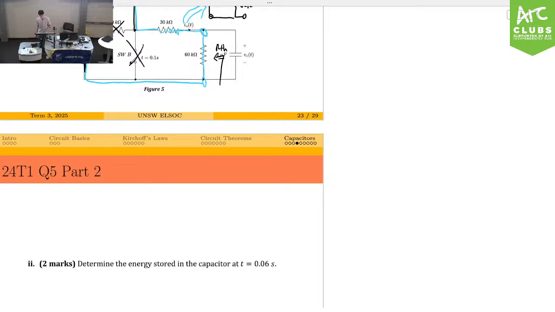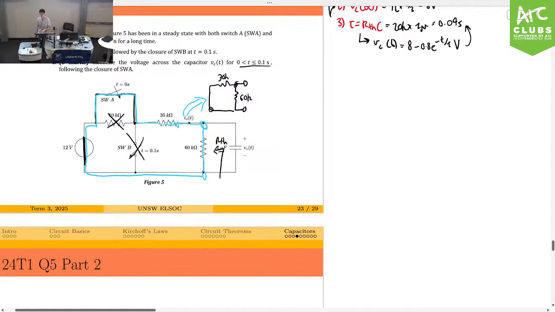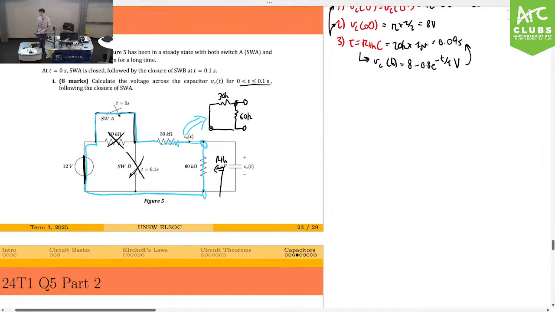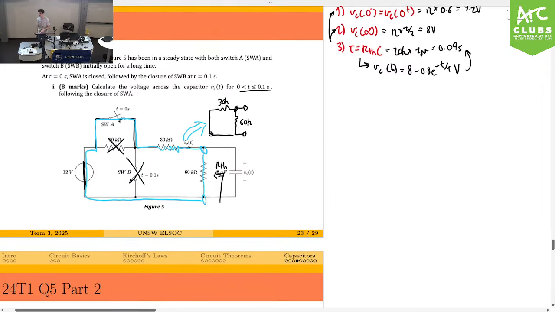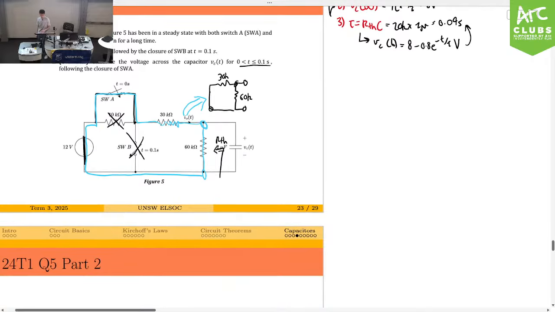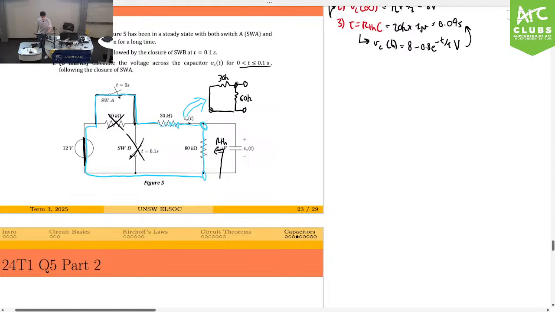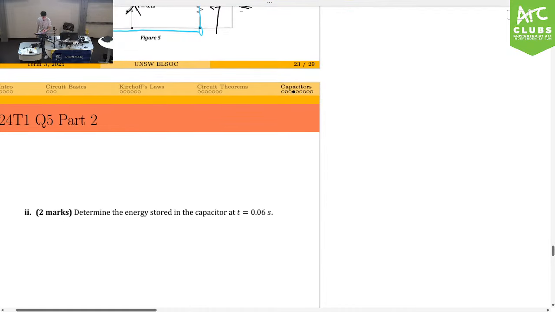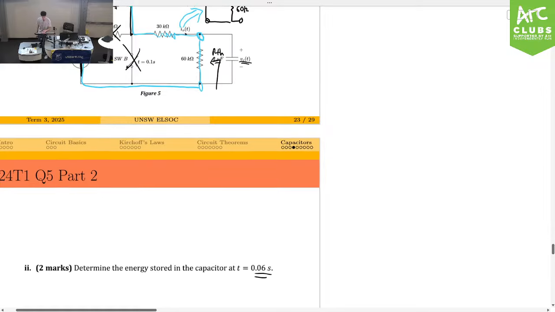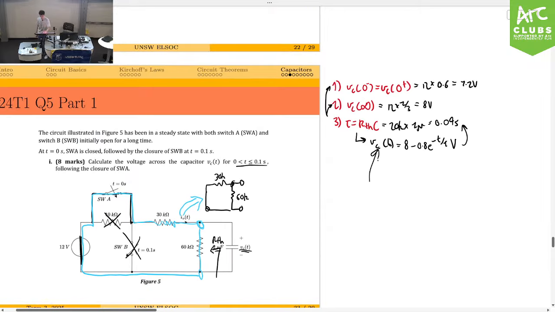So if we want to find the energy stored in the capacitor, what do we know about energy? We know that power is the derivative of energy, or work. And for our capacitor here, from the previous part, this is t less than 0.1, so this is using this previous part here.